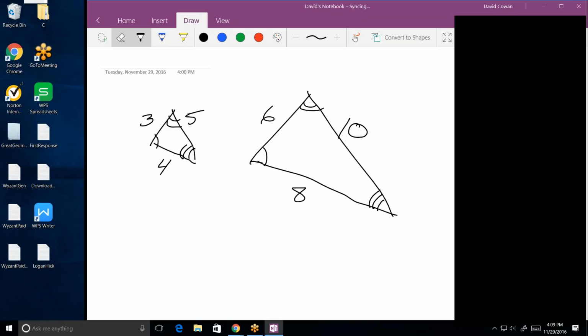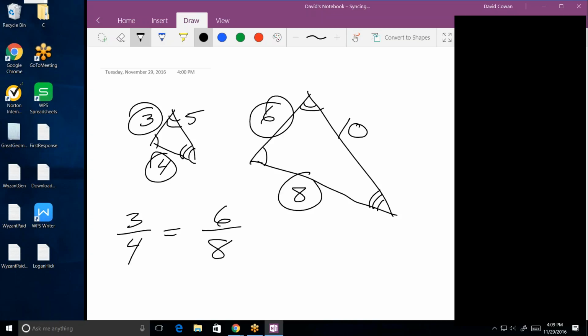So all of those are true, but at the same time, the relationships within the triangle are also the same. In other words, I can also say 3 is to 4 as 6 is to 8. So I'm comparing that side to that side, which has to be the same proportion as the corresponding side divided by that corresponding side.